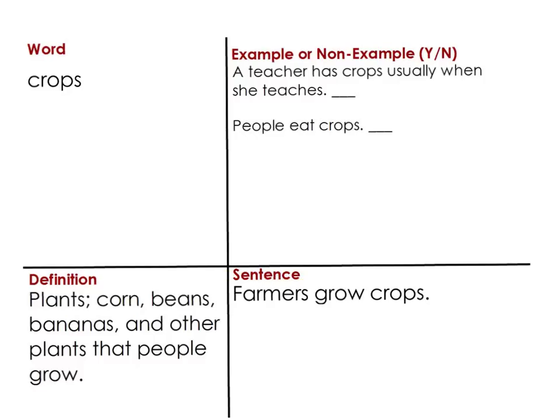Let's read the sentence. Farmers grow crops. Now I'll read the example or non-example sentence. A teacher has crops usually when she teaches. People eat crops.